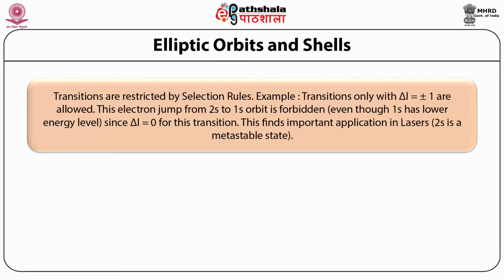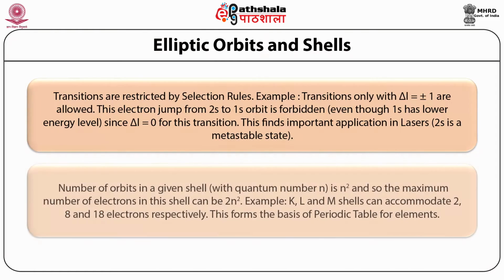That is, this 2s state is called a metastable state, because it cannot decay into a 1s state. That is forbidden by the selection rule. And the second thing is that the number of orbits in a given shell with quantum number n is n square, and therefore, since each orbit can accommodate 2 electrons by the Pauli principle, the number of electrons in these shells can be 2n square.